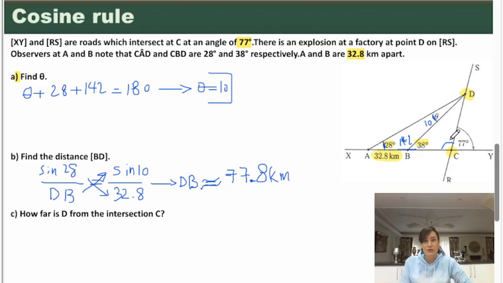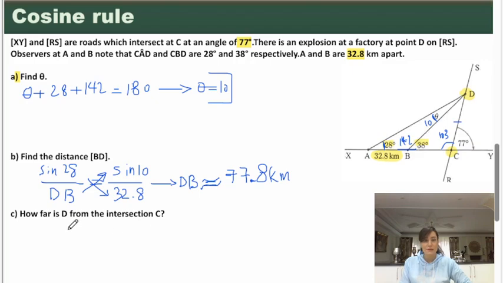So 180 minus 77 gives me 103. So I have 103 and the length opposite of 103, and I have this angle which is 38, and I am going to find the length of this.